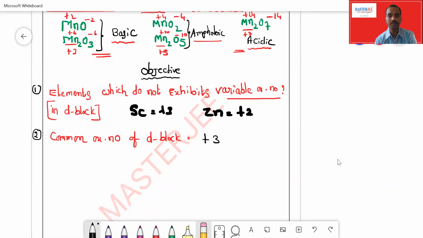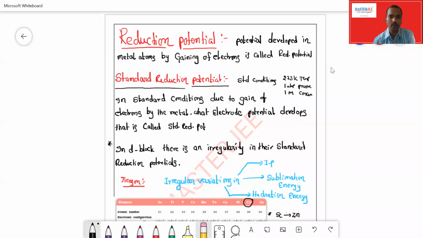Next is reduction potentials. What is meant by reduction potential? Reduction potential means the potential which develops due to gain of electrons. Standard reduction potential means the potential the electrode exhibits in standard conditions, like 273 Kelvin temperature, 1 atmosphere pressure, and 1 M concentration.